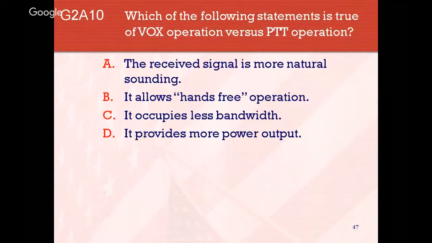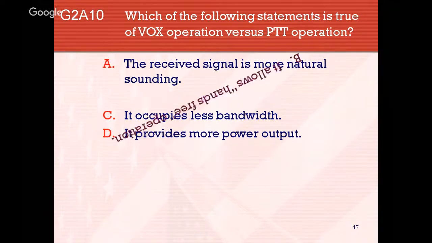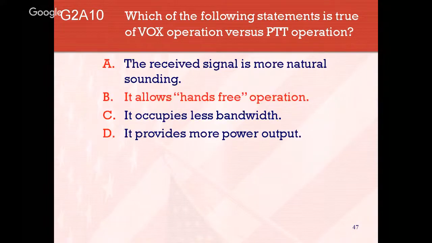So which of the following statements is true of Vox operation versus push to talk operation? With push to talk, of course, you are manually pushing a button in order to transmit. But with Vox, you're using hands-free operation. It uses your voice to trigger the transmitter.